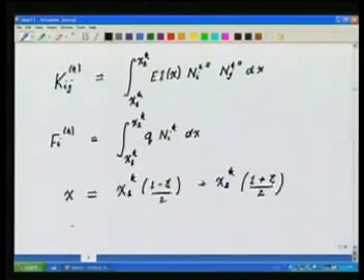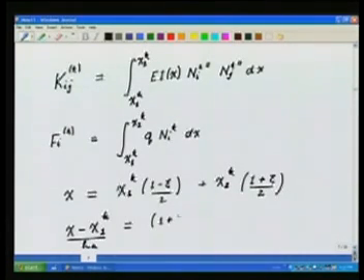Then in the definitions of n1k, n2k, n3k and n4k, all I have to do is substitute (x minus x1 of k) divided by hk equal to (1 plus psi) divided by 2.